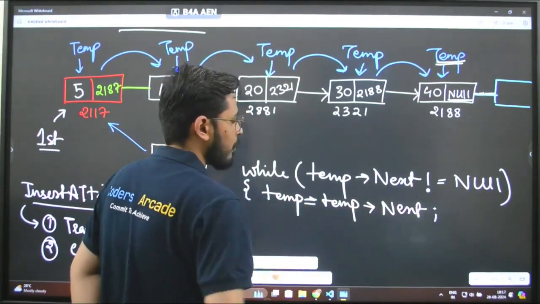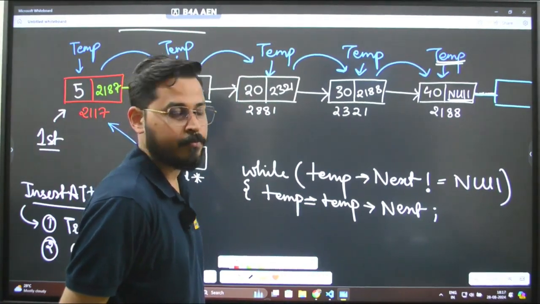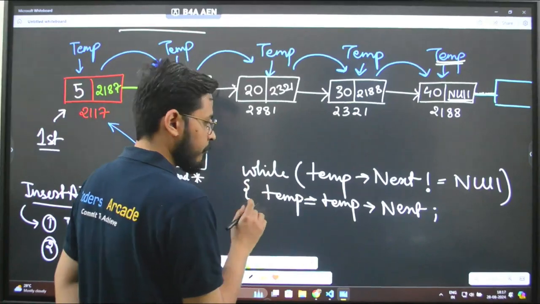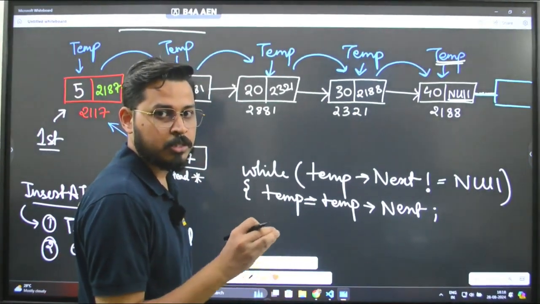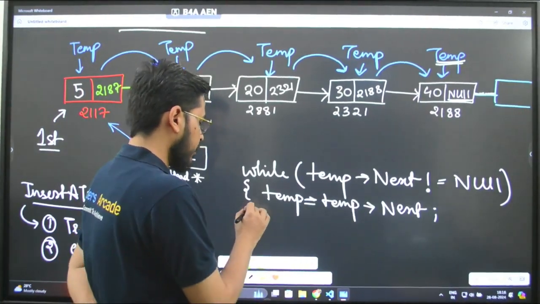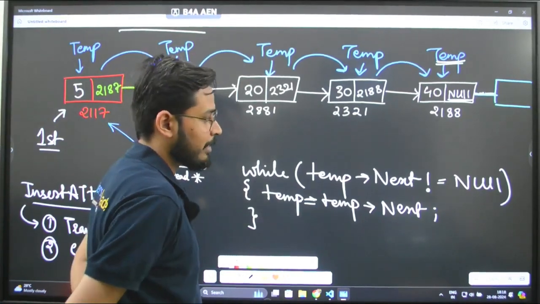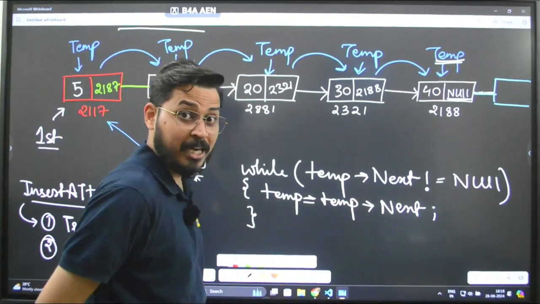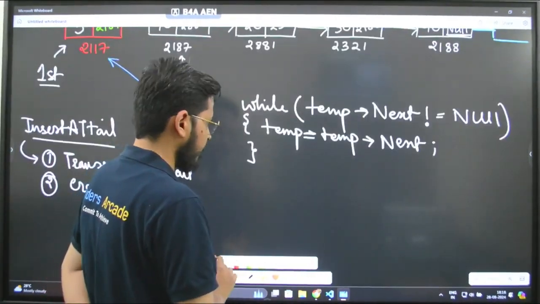Keep on doing temp is equals to temp of next. I believe this is very much clear. Once it reaches the last node, the condition is met, temp of next became null.